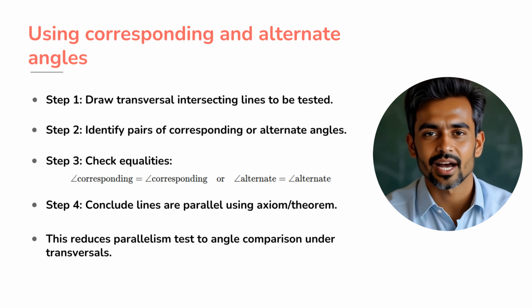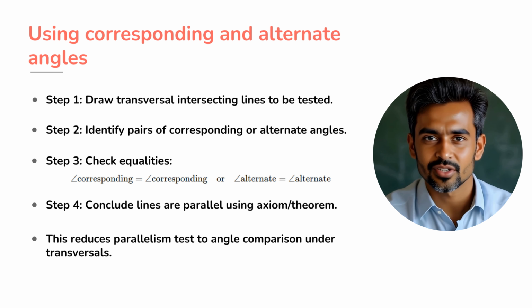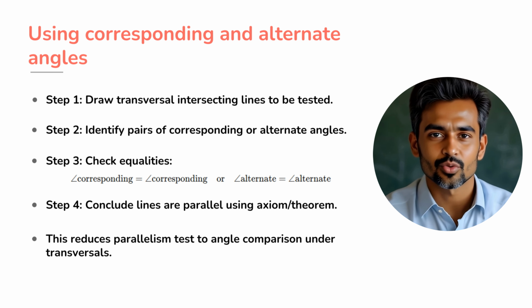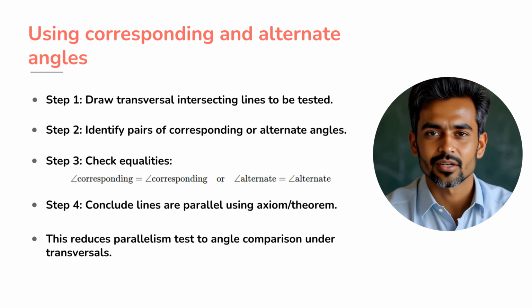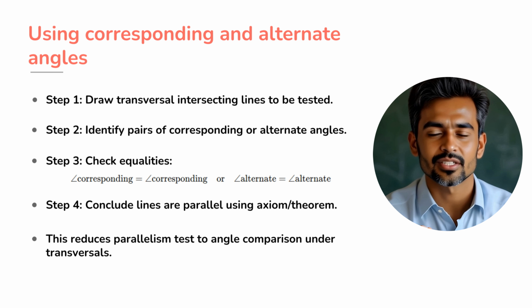Now, how do we actually check parallelism using this? The trick is to bring in a transversal. Step 1. Draw a transversal cutting across the lines you want to test. Step 2. Compare pairs of angles, corresponding or alternate interior angles. Step 3. If these angles are equal, then the lines are parallel.